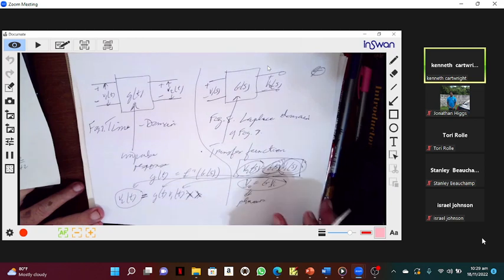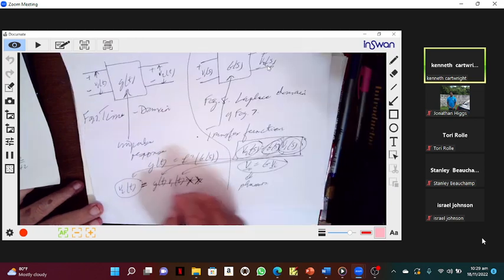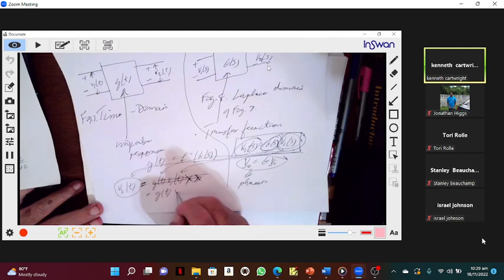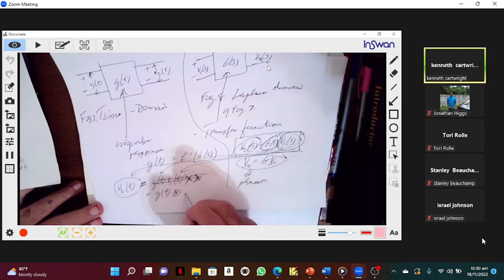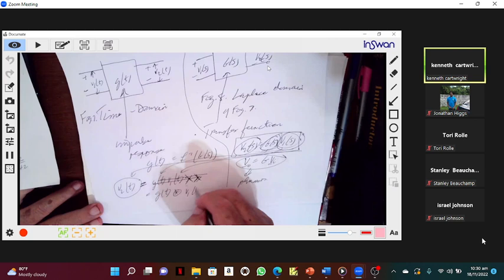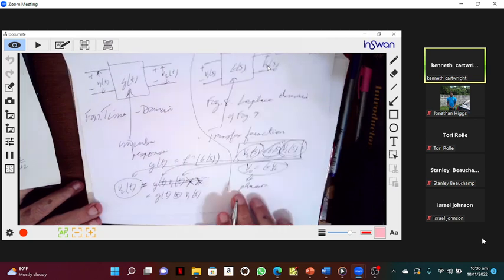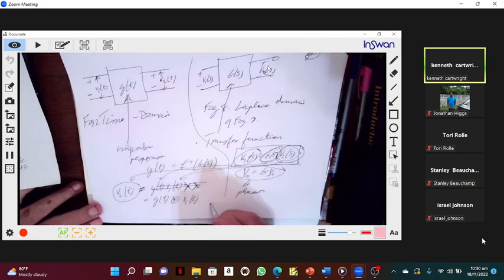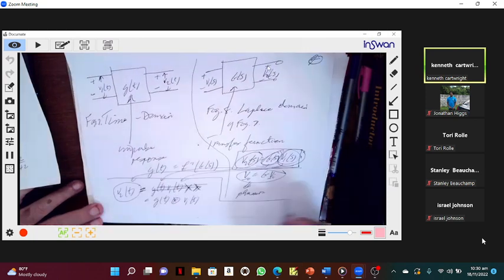As a matter of fact, these are related mathematically by something we call convolution. There's a new word for you. You have no idea what convolution means. Convolution is this. We won't be using it.